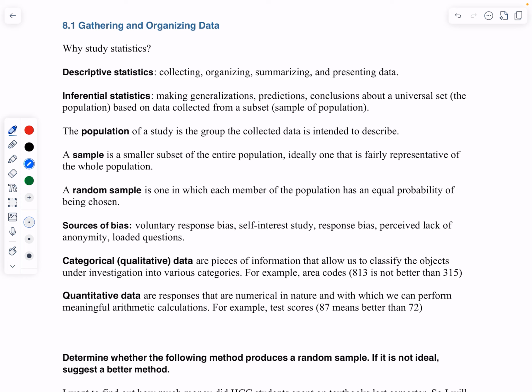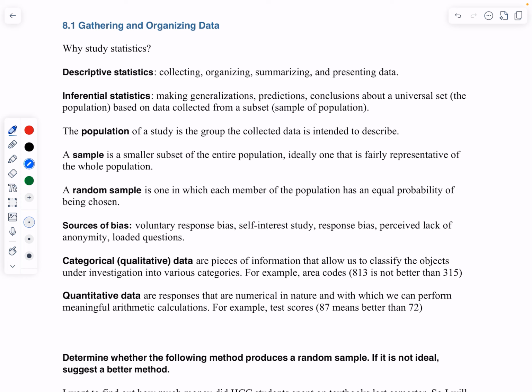Descriptive statistics is the act of collecting, organizing, summarizing, and presenting data. Inferential statistics is making generalizations, predictions, and conclusions about a universal set, which is the population, based on data collected from a subset, which is a sample of the population.